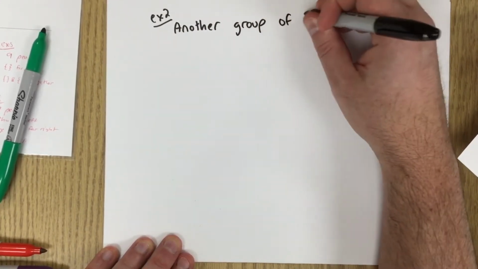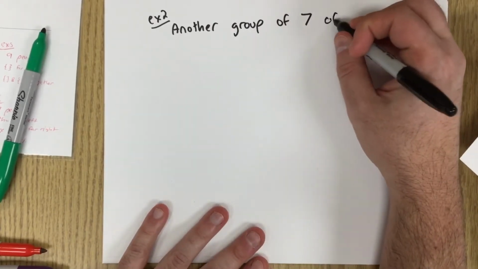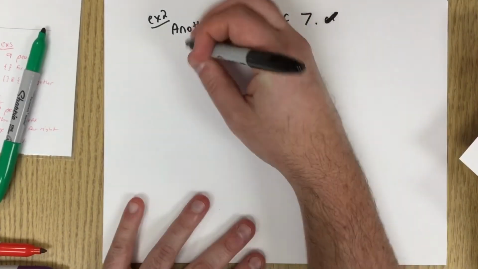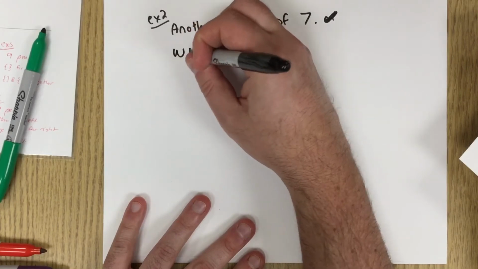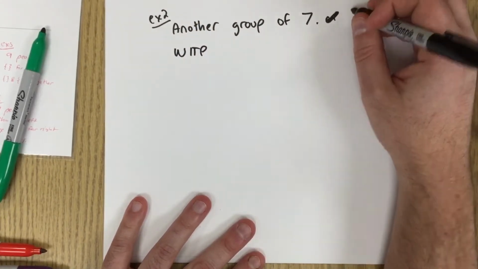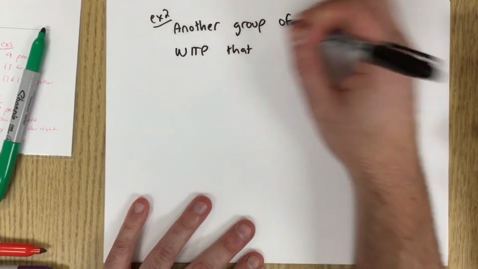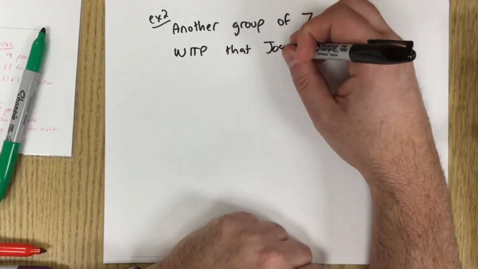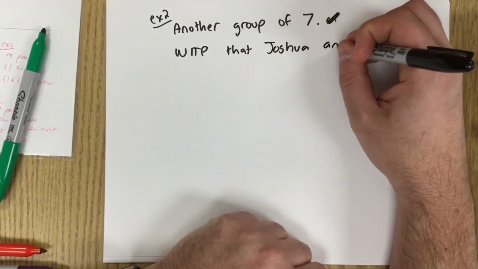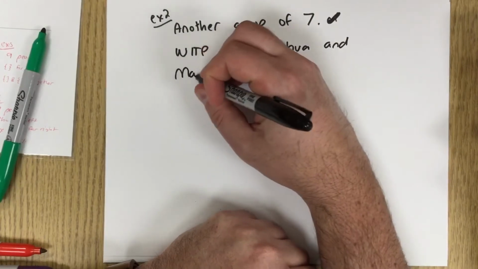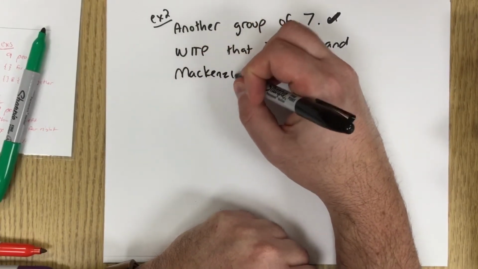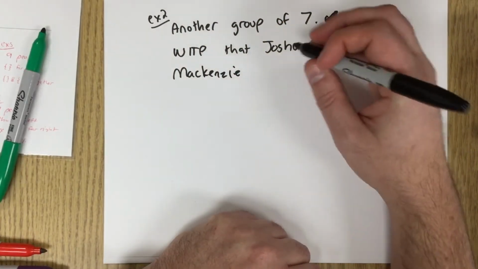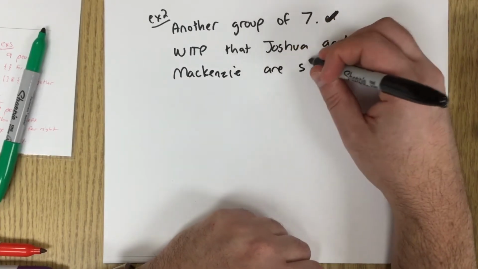So another group of 7 are going to line up. What is the probability, I'll put my favorite 2 people together, that Joshua and Mackenzie are standing together?